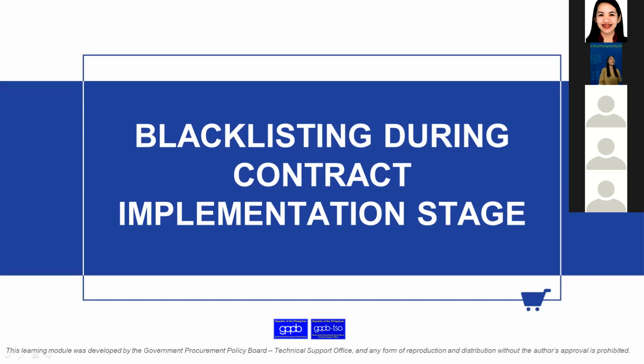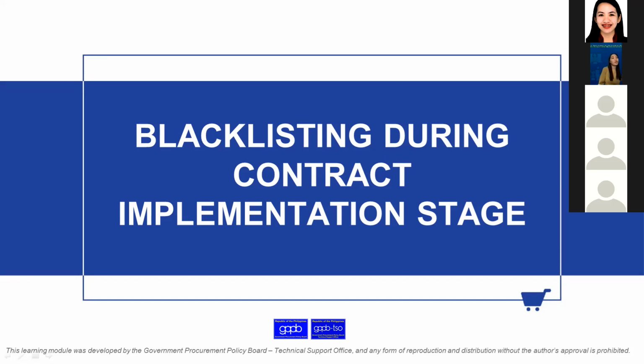However, for grounds for blacklisting during contract implementation stage, pwedeng nagka-cover siya ng mga offenses committed during the contract implementation stage, but it could also go back to their offenses committed but later on discovered during bidding process.